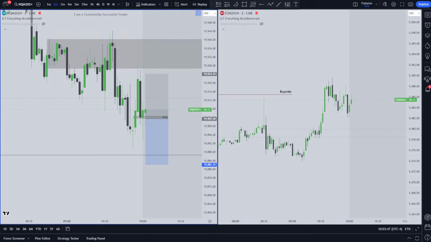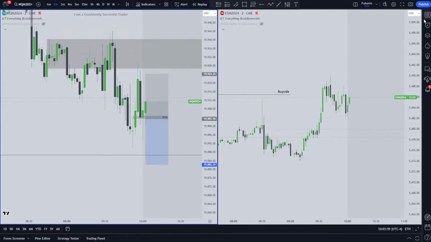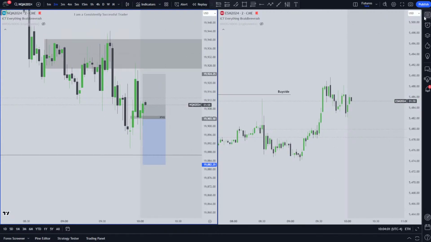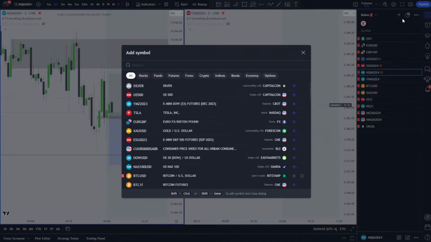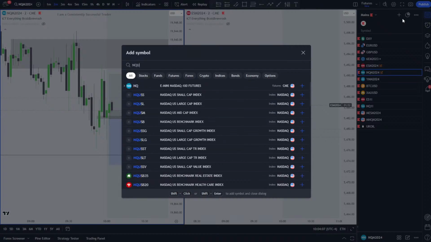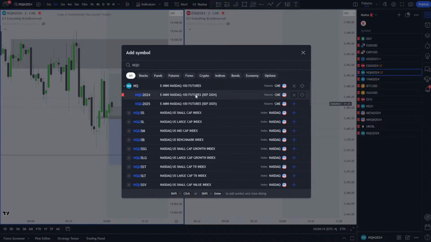Oh, I forgot to change over my contract month on TradingView. That's a little derpy moment. So I'm still actually on the old. In fact, I could quickly do it now. So let's add NQU. Let's add that. Oops.